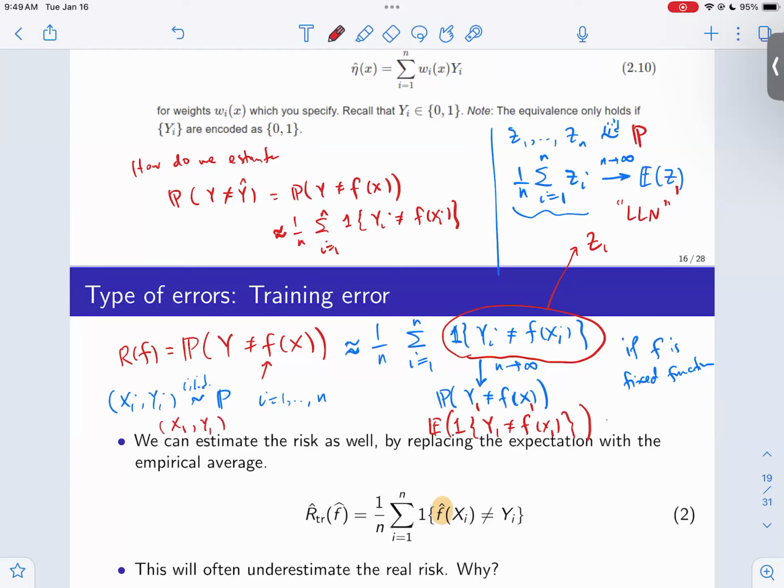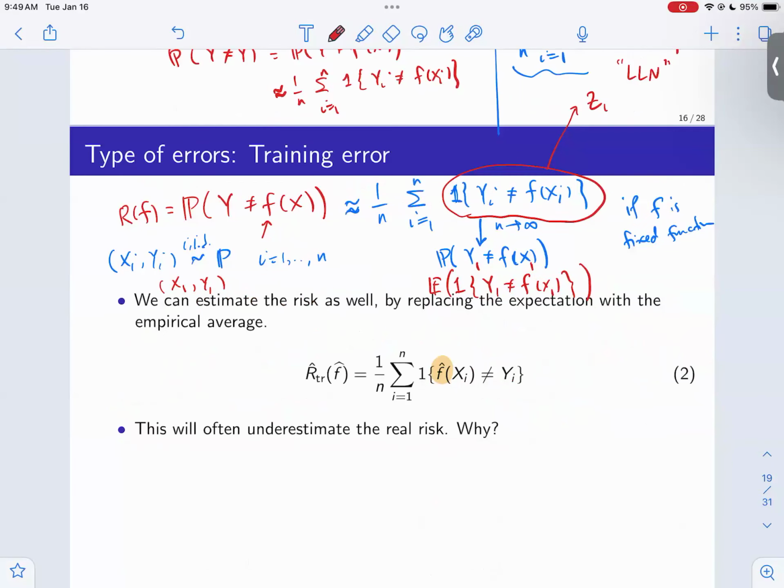This is also equal to this, because the XY pair is also a generic sample. This is a little bit easier. Okay, questions? So this is called the training error.